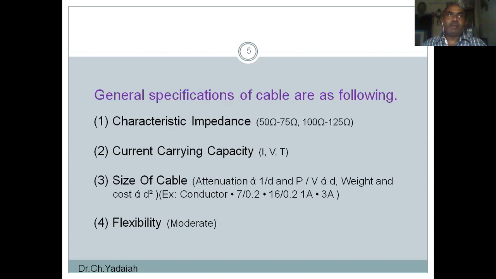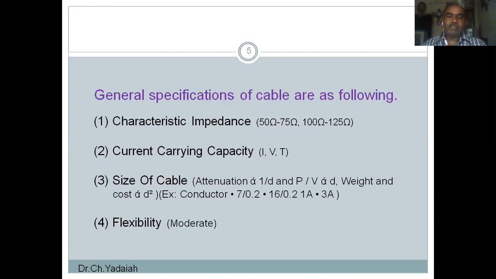Whenever the motor or machine is started, it takes a very high starting current, and in that condition the cable has to withstand it without heating. That capacity must be considered while designing the cable. Voltage is also considered, meaning how much insulation is to be provided for a cable under different conditions, and temperature, how much temperature it can withstand.